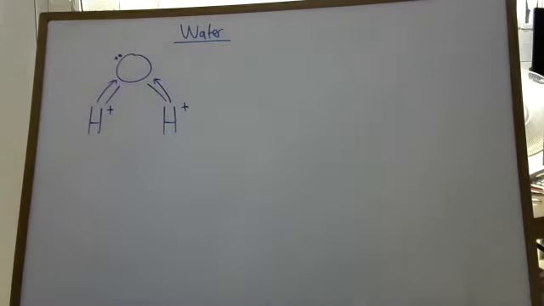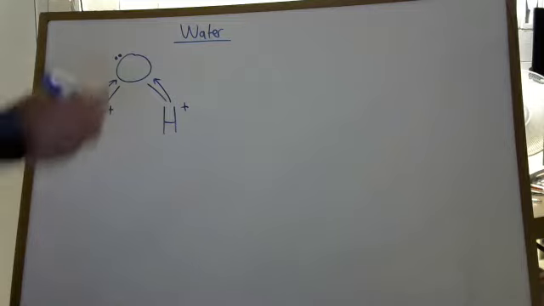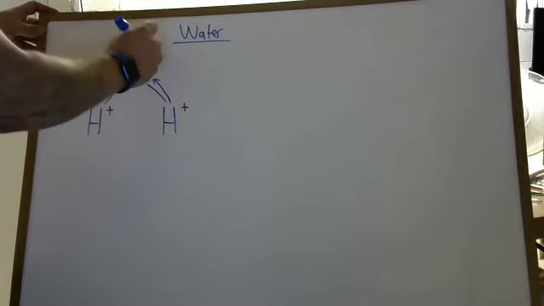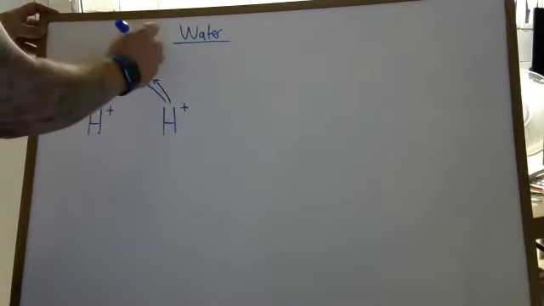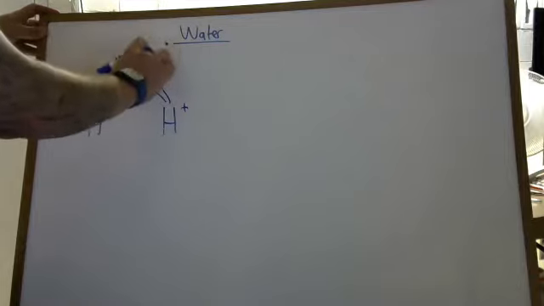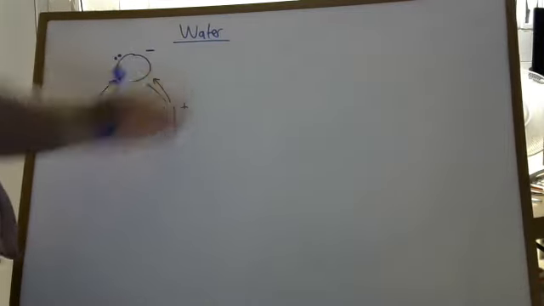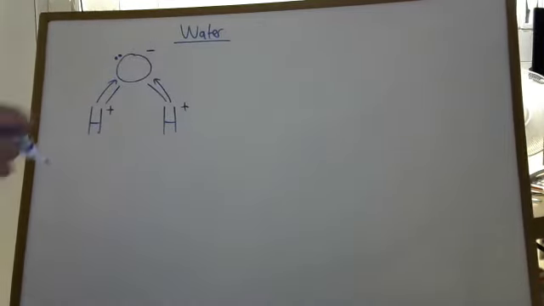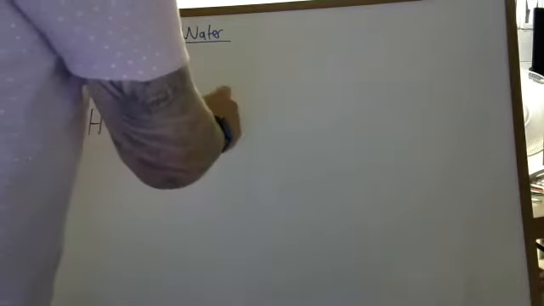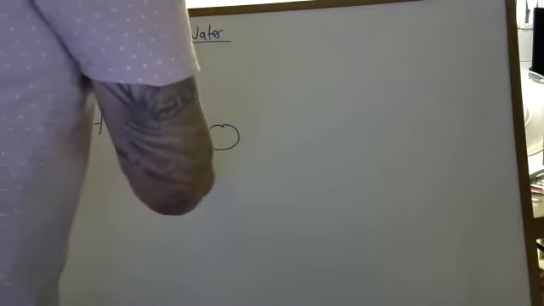Oxygen is so electronegative that it permanently steals the electrons. So hydrogen becomes positively charged, and the oxygen becomes super negatively charged. So another water molecule lines up.